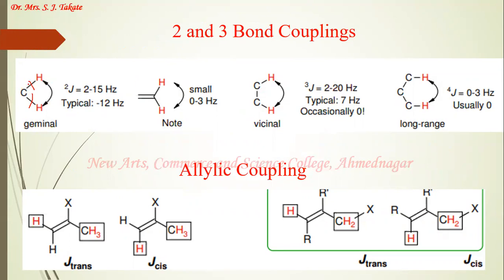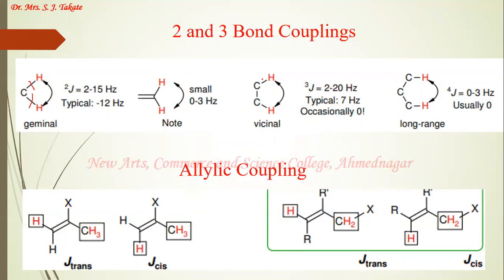But the first one has geminal protons on an sp3 hybrid carbon atom, while the second one has geminal protons on an sp2 hybrid carbon atom. You will notice the difference in the coupling constant value. The coupling constant value for geminal protons on sp3 carbon is higher than the geminal coupling constant value on sp2 hybrid carbon atoms.